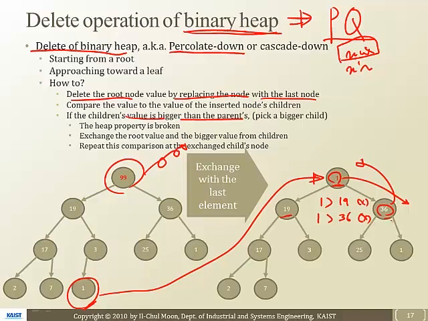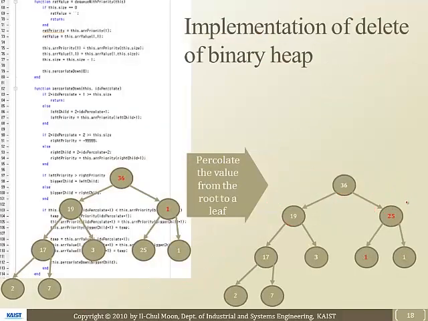So 36 is going to go up and 1 is going to go down. After doing that, the 1 is going to be located around here. So it percolates down, right? 36 is up and 1 is down, and 1 percolated down. So it's called the percolate down process. And after that, 1 is compared to its children. That's not good, but okay. So 1 to 5, oh, that's not good.